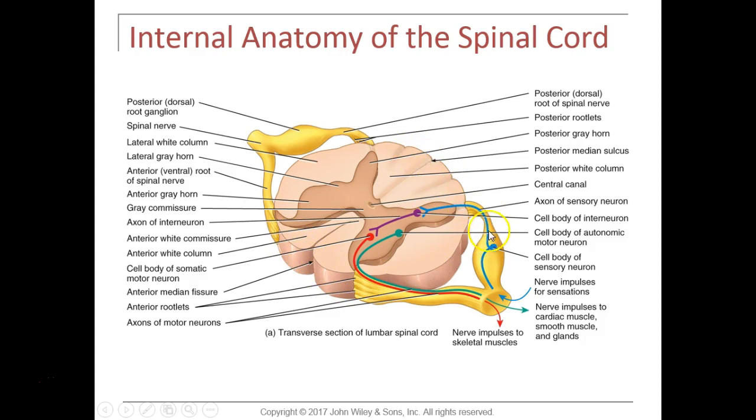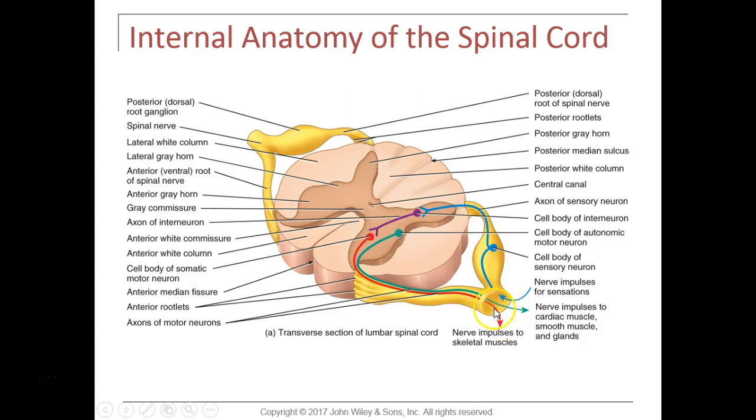And that sensory neuron has several fates that, as far as synapses are concerned, they only show one here. But the sensory neuron comes in the posterior root, and that's where they will synapse with either interneurons, in this case, they show an interneuron, or they can synapse directly with a motor neuron. The motor neurons in this picture are the red and this little green colored one.